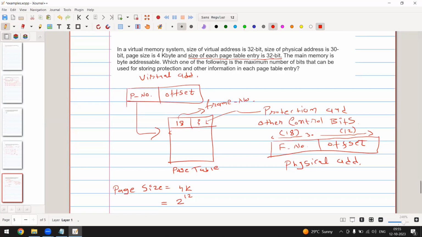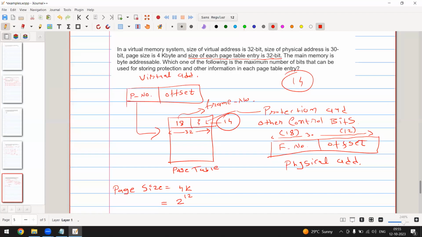So this data is of 32 bits. Out of this, 18 bits are used here. So what are the remaining bits? Remaining bits are 14. So the answer is 14 bits you can use to store other information.